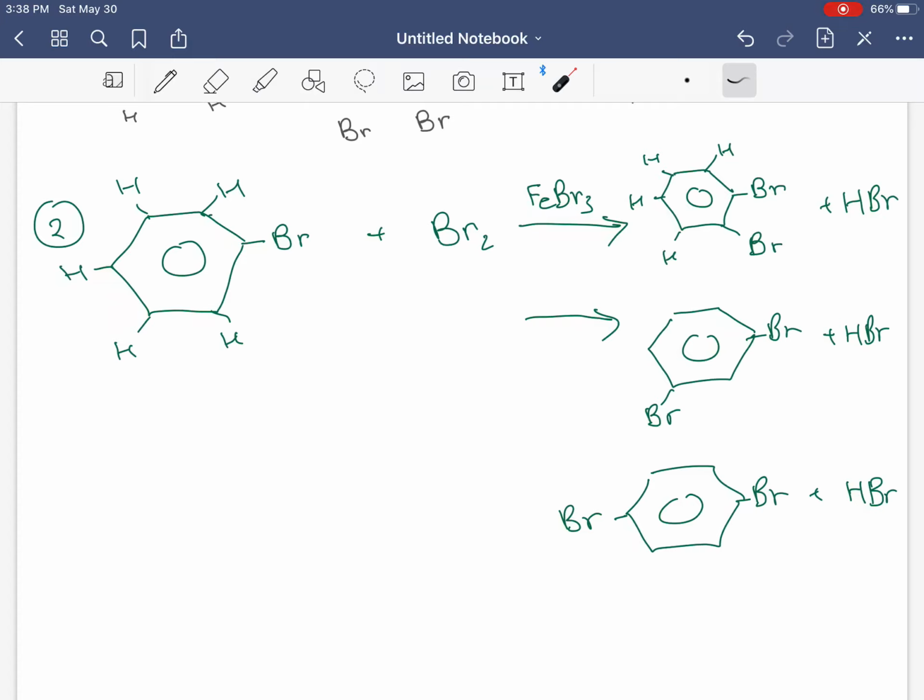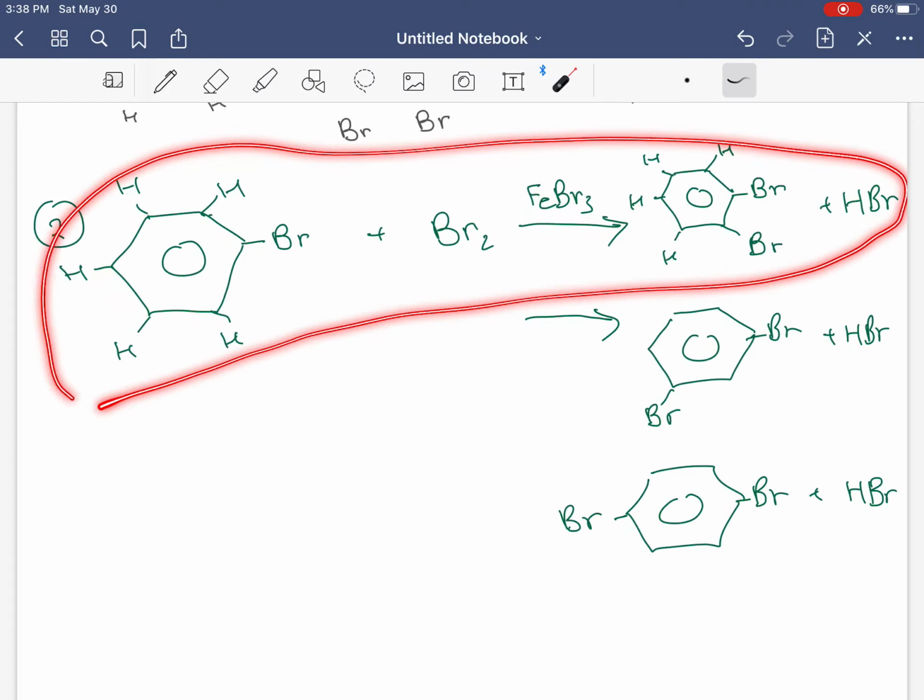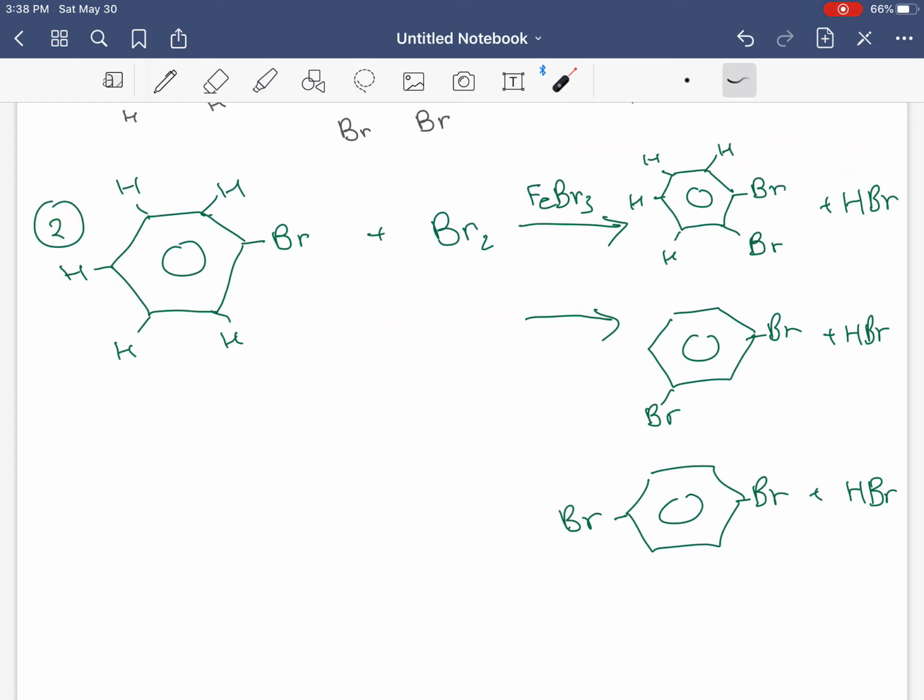Okay. So again, what makes organic chemistry hard is that it's not just as simple as this. I wish it was just as simple as this. But there's always cases where, hey, you know, this can happen too. Yeah, this can happen too. Okay.